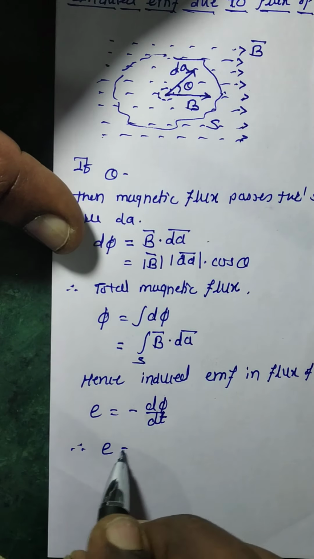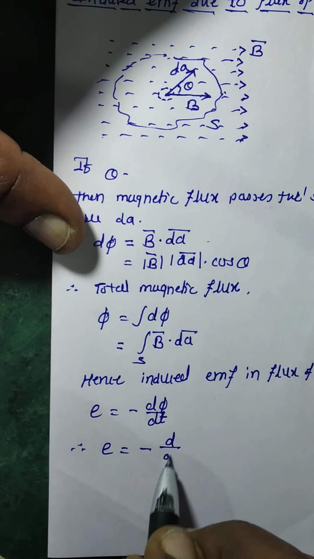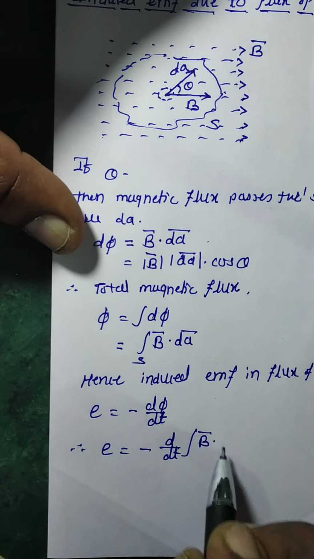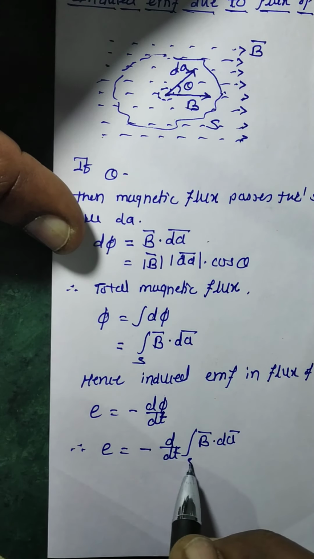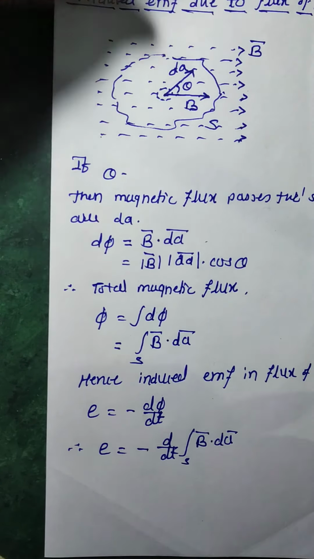Therefore E equals minus d by dt of the integration of B dot dA over the closed surface. This is about induced EMF in flux of field.